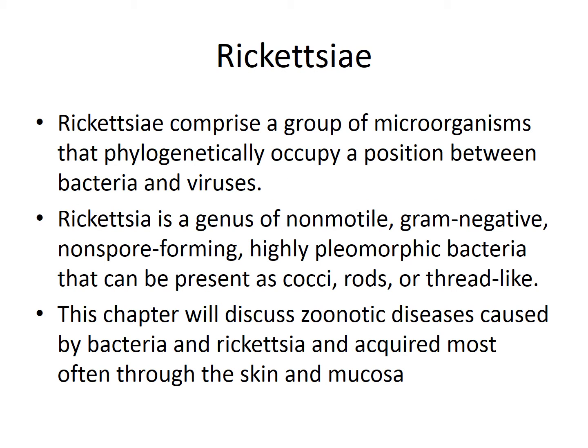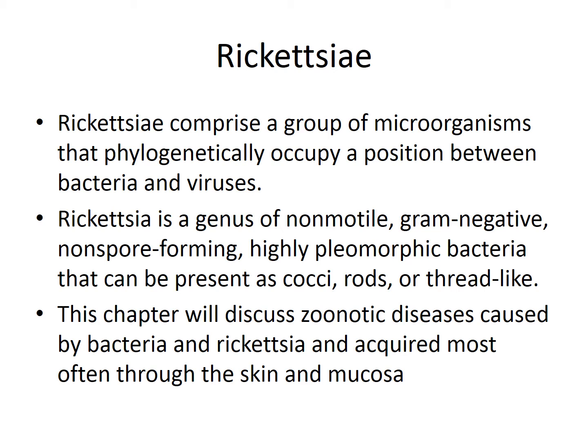Rickettsia. Rickettsia comprises a group of microorganisms that phylogenetically occupy a position between bacteria and viruses. These little microorganisms can be as small as a large virus, and they live within the cell membrane. They are non-motile, meaning they don't move around at all, which would make sense because they're living within that little cell membrane.